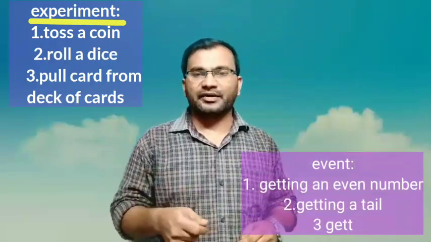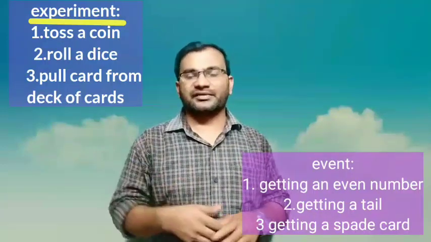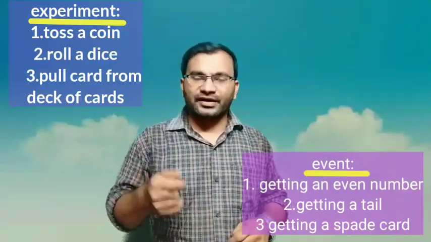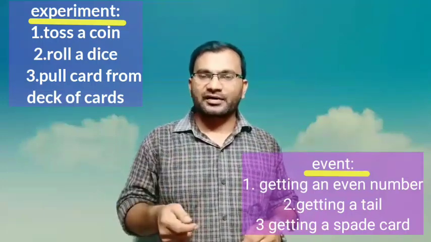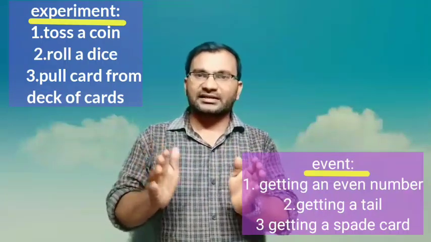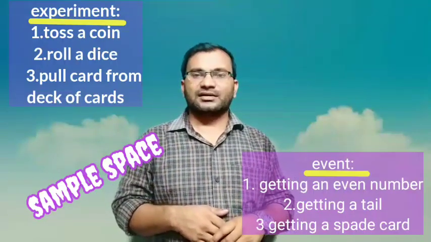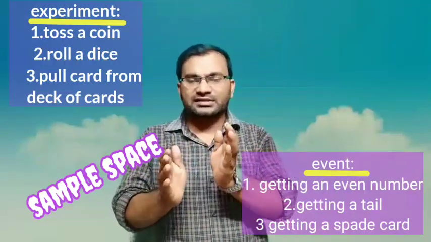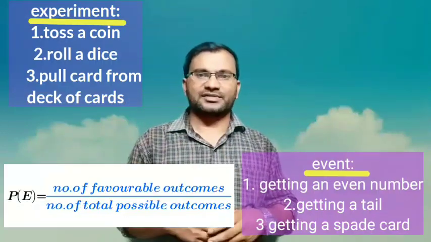Getting an even number, getting a tail, getting a spade card is an event. When you roll a dice, toss a coin, or pull a card from a deck of cards, the set containing the total possible outcomes is called the sample space. And probability of E is the number of favorable outcomes divided by the total number of possible outcomes.